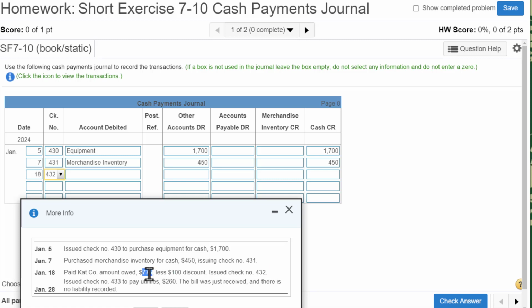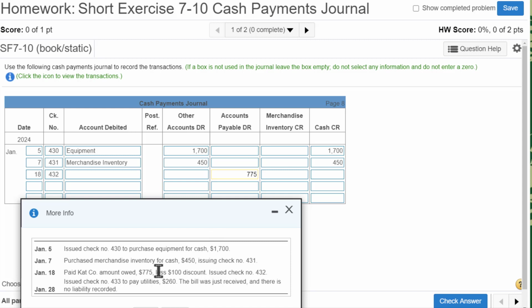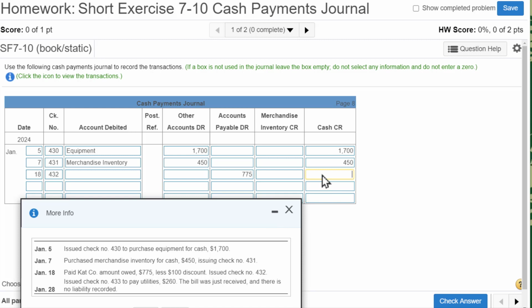So we have to lower accounts payable by that amount, $775. Also notice it said we paid them the amount owed, $775, less, so minus $100. So what's $775 minus $100? $675. So cash is going down by $675. So we have a debit of $775. We have a credit of $675. So we need a $100 credit.